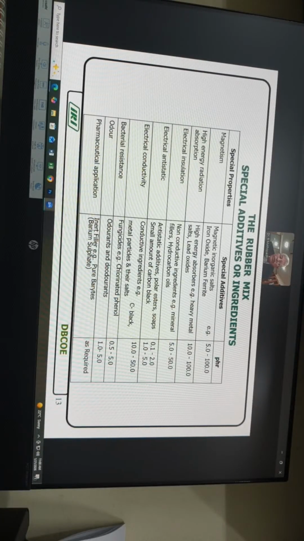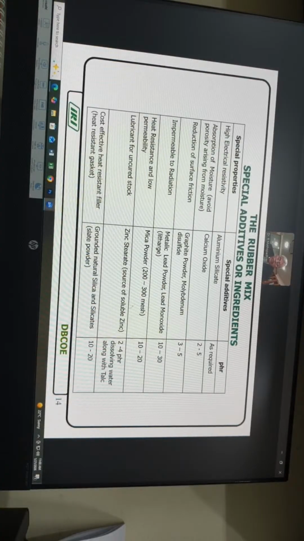For pharmaceutical applications, you have to consider inert fillers, especially barytes and so on. So in the tire and non-tire industry, if you have to make a compound for a specific product, knowledge of each ingredient is required, and how much phr. Similarly, there is the reduction of surface friction, heat resistance or low permeability.